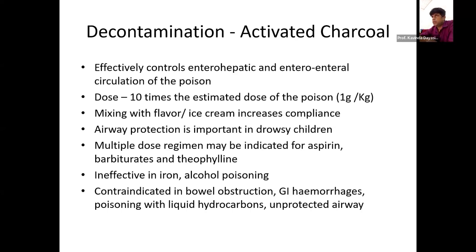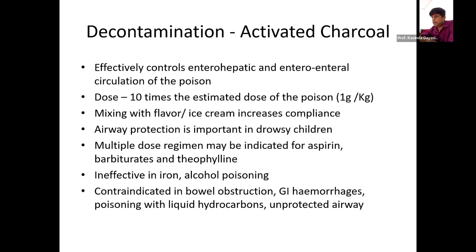However, before giving activated charcoal, we have to ensure that the child's airway is protected, especially in children who present in a drowsy state. And so, as I told, multiple dose activated charcoal is indicated for certain agents like salicylate, theophylline, and barbiturates. However, it's not effective in lithium, iron, and alcohol poisonings.